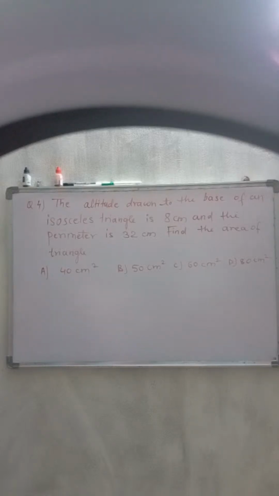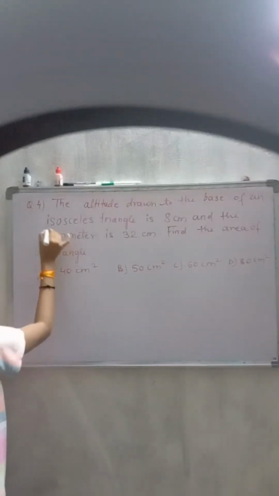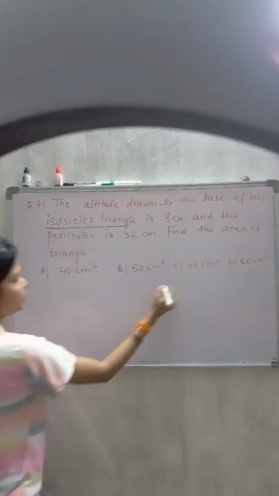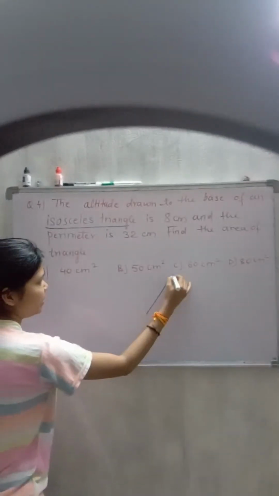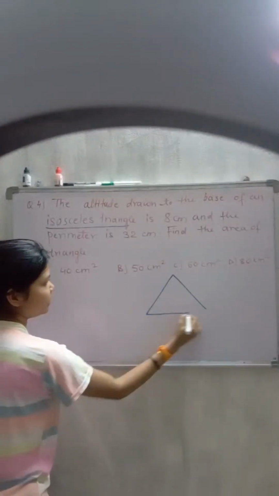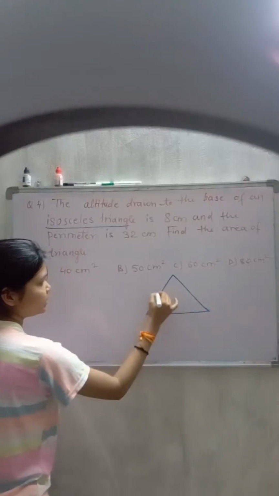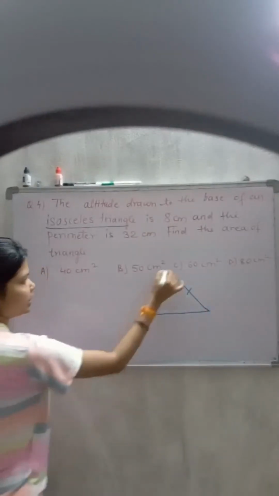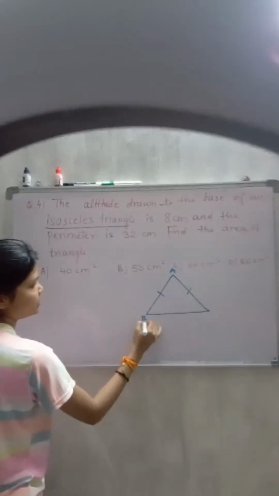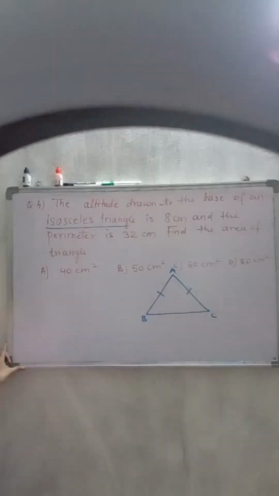Let's solve this. So we have given an isosceles triangle. First of all, an isosceles triangle is a triangle in which two sides are equal. Let's say these two sides are equal. This is the triangle ABC in which AB equal to AC.